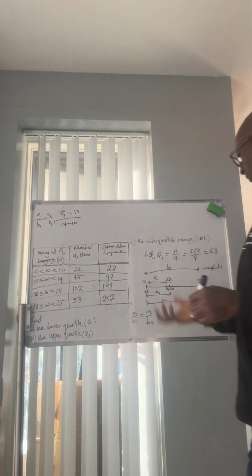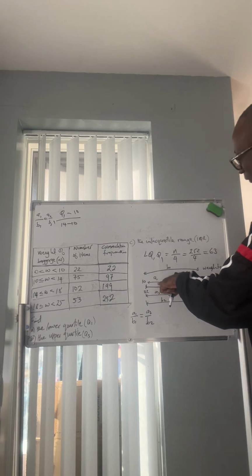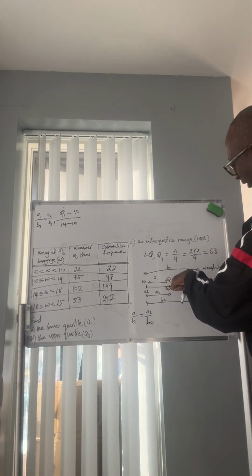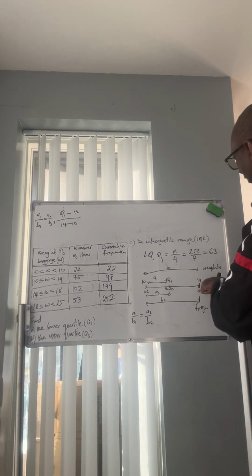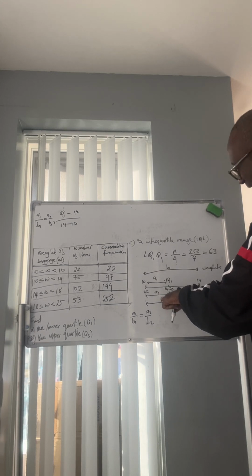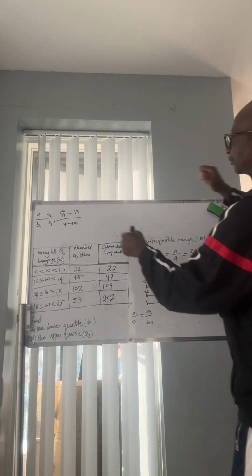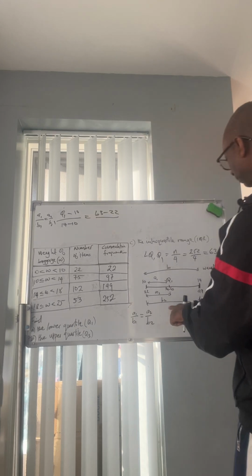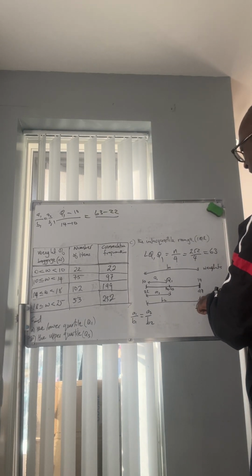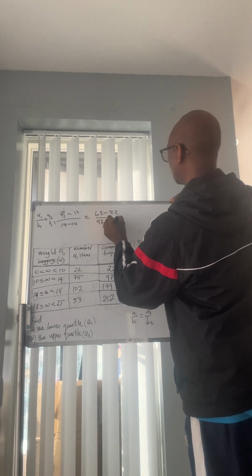It's what we are just doing there. If you want to find the value of A1, you subtract this from this. Q1 minus 10 is A1, and B1 is 14 minus 10. So when it comes down here again, A2 is 63 minus 22, all over B2, which is 97 minus 22.